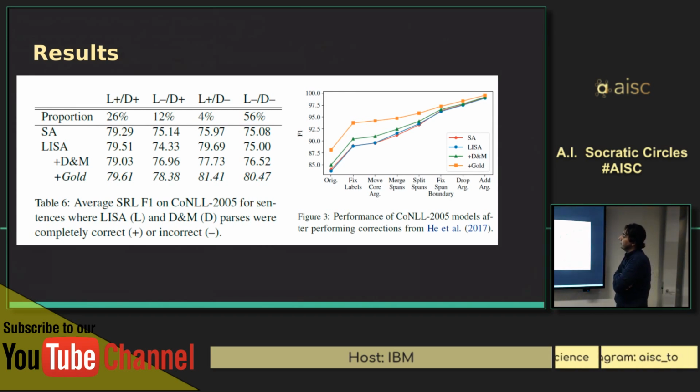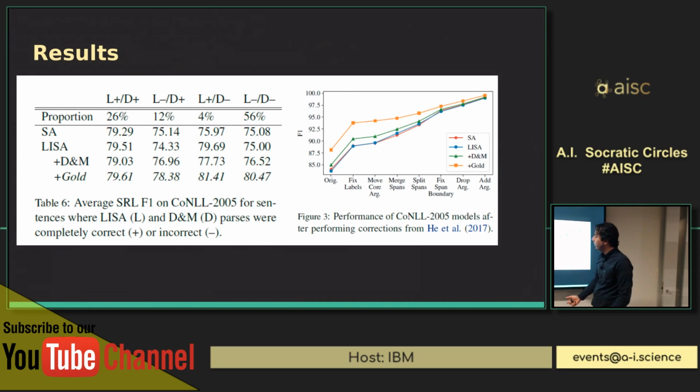So basically, it's comparing the two architectures, LISA standalone and LISA plus DNM. We can see that in the leftmost column, L plus / D plus, for 79% of the cases, both are completely correct.